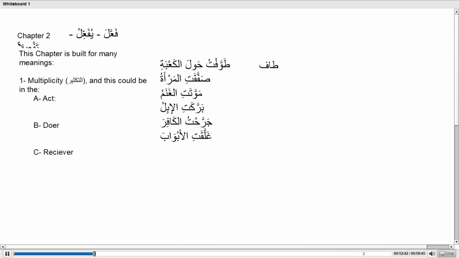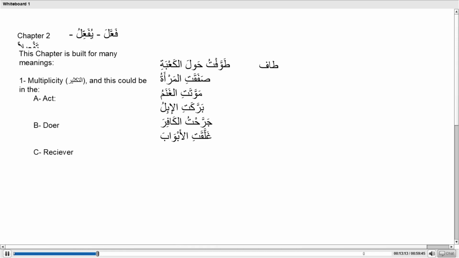Now, then we have صفق. صفق is صفق. If you said صفقت المرأة, يعني the woman clapped. And she could clap anything together.